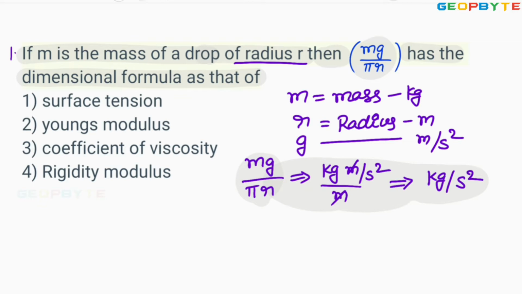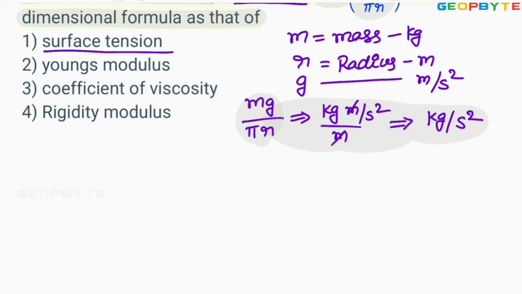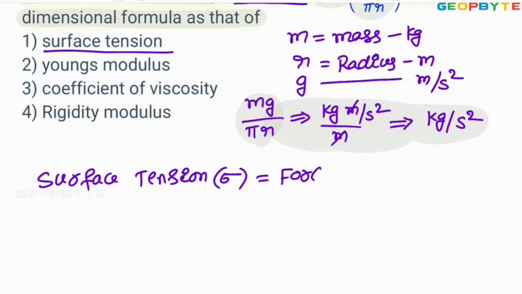Now let us take the options. The very first option is surface tension. Look at the surface tension. Surface tension denoted by sigma, it is equal to force per unit length.